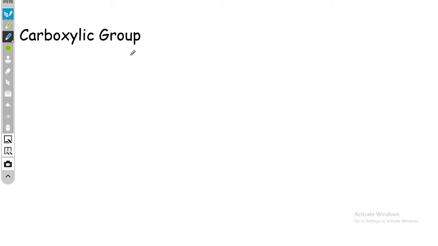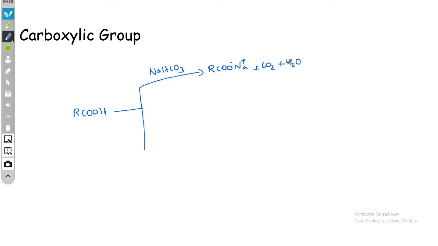The presence of a carboxylic group can be confirmed by treating the compound with sodium bicarbonate or ammonia. That is its usual test. RCOOH, when treated with sodium bicarbonate, NaHCO3, gives the corresponding salt, RCOONa, plus carbon dioxide plus H2O. That is, it gives effervescence.